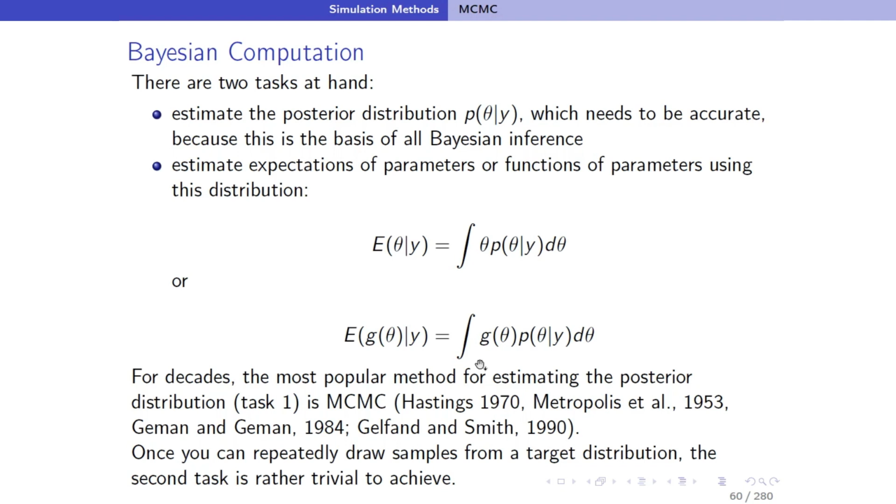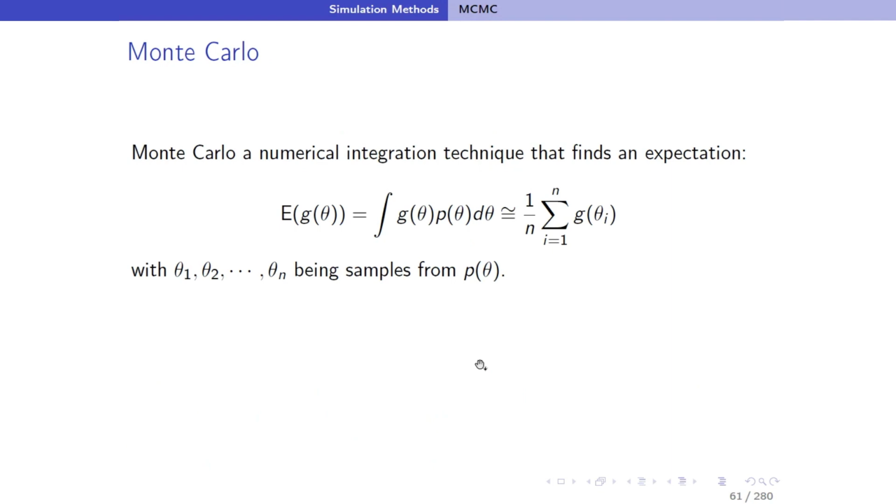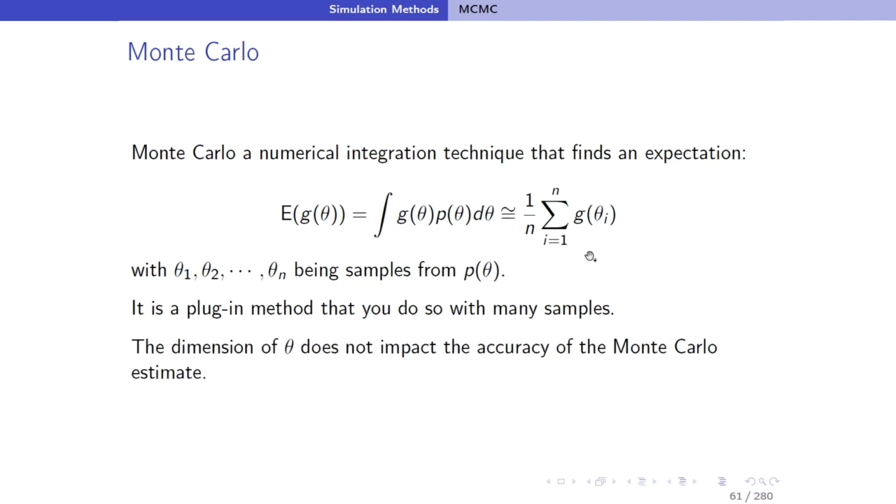So essentially, Markov chain Monte Carlo solves two things. The Monte Carlo aspect of the second part is to find an expectation of g of theta with respect to a sample from a distribution P of theta. You just generate many samples from this distribution, evaluate them, and take the average, and you find the expected value. This is a plug-in method, and you can do it for big dimensions.